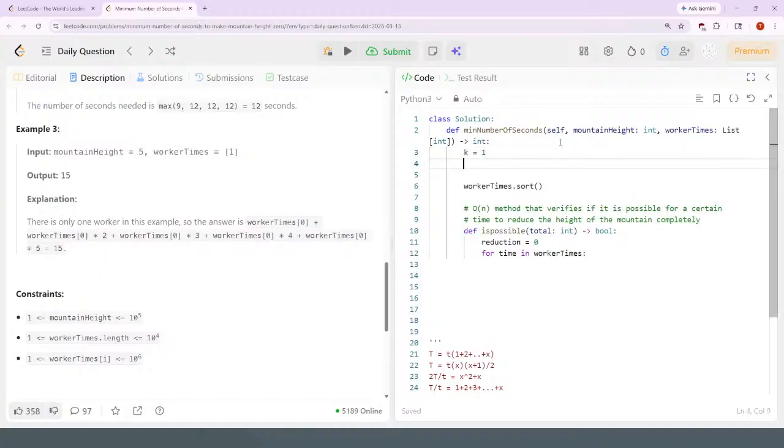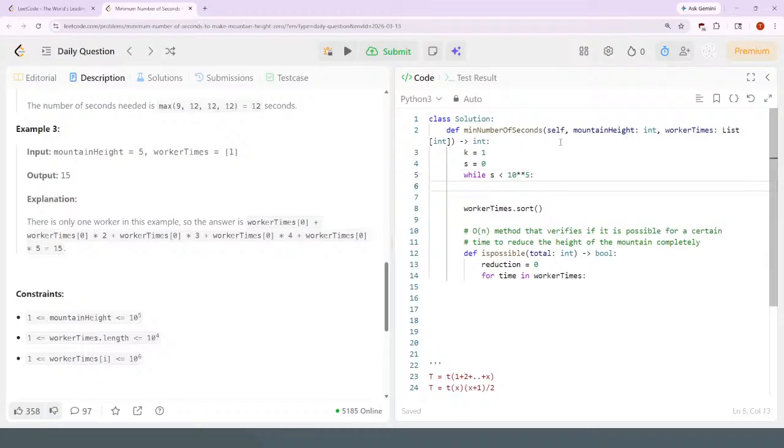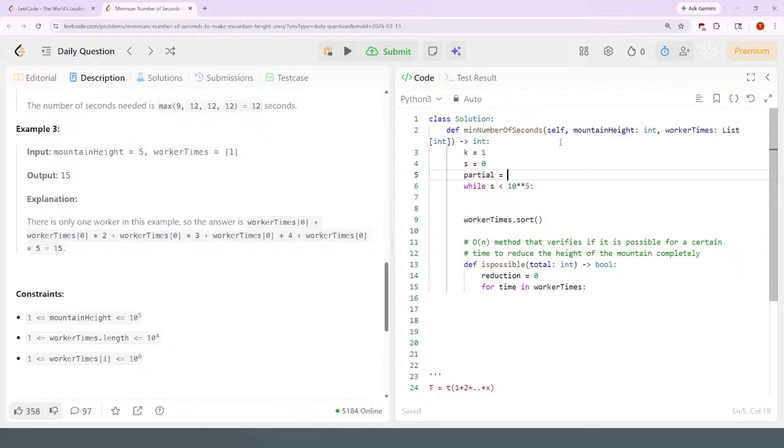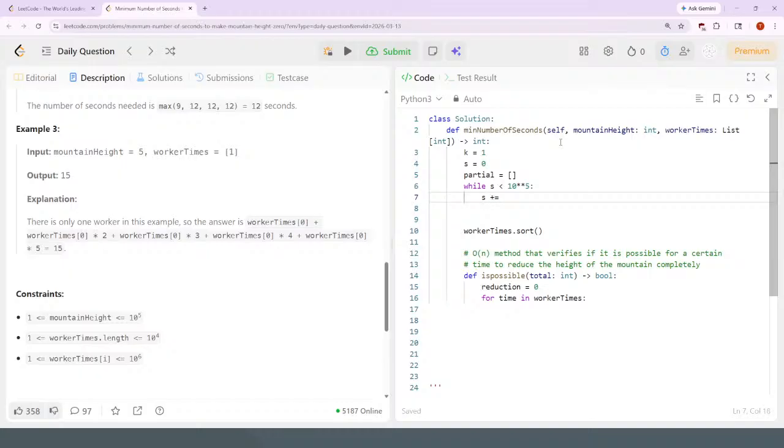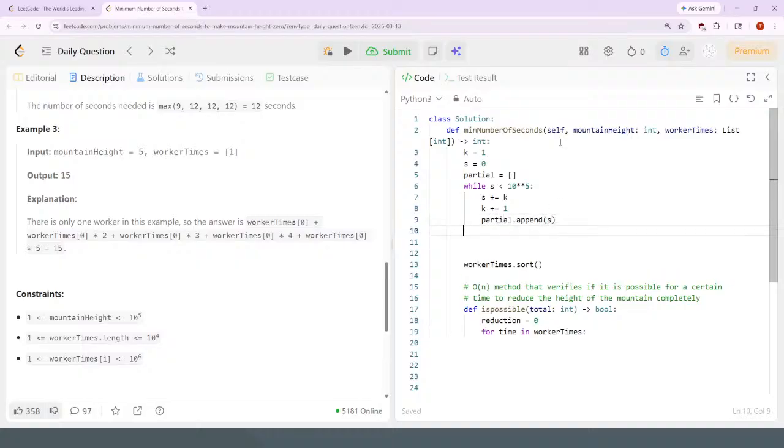Say k equals 1, while s, the sum, is less than 10 to the 5th. Let's do the partial sums. It's going to be an array. s plus equals k, k plus equals 1. Partial, append the sum.